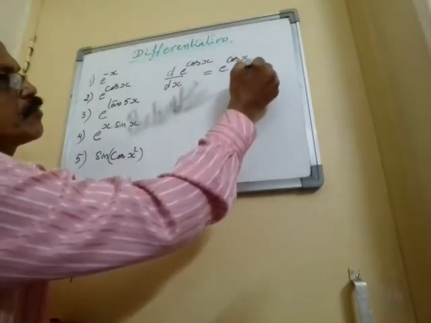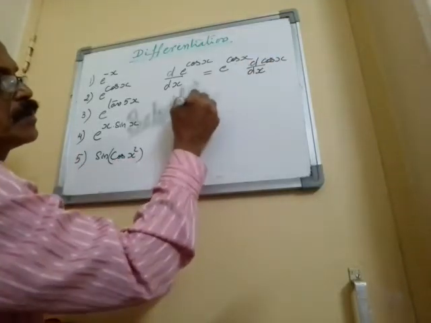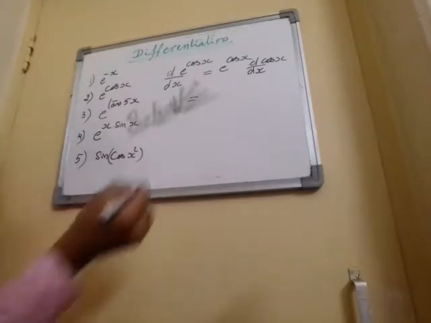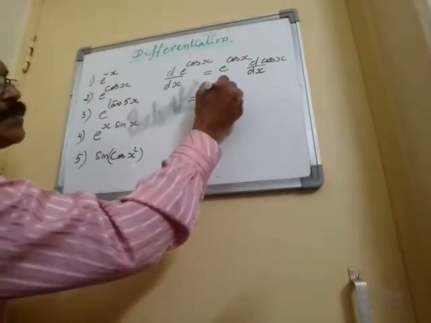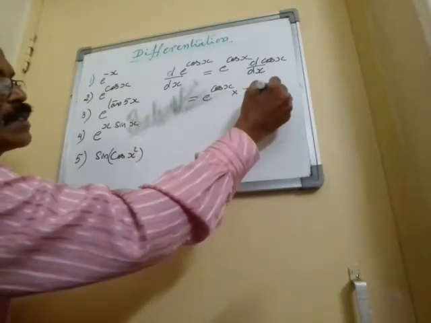So d by dx of cos x. Now all of you remember the derivative of cos x is minus sin x. So e to the power cos x into derivative of cos x, which is minus sin x. So that is the answer.